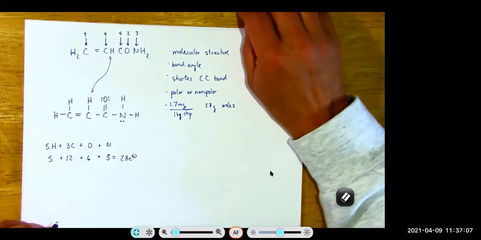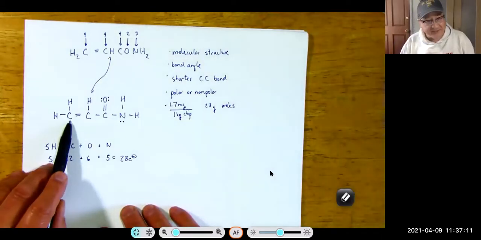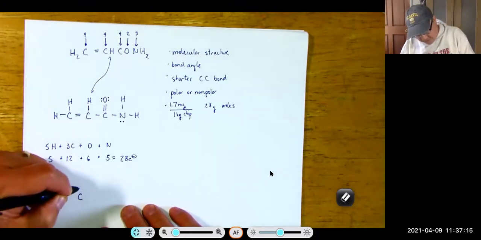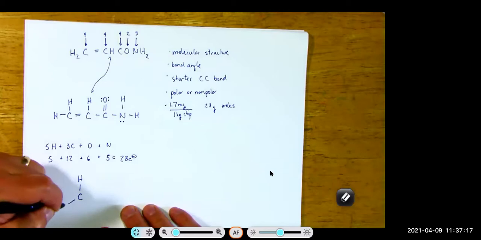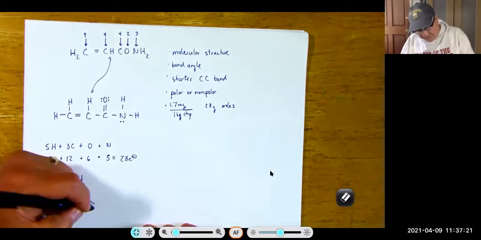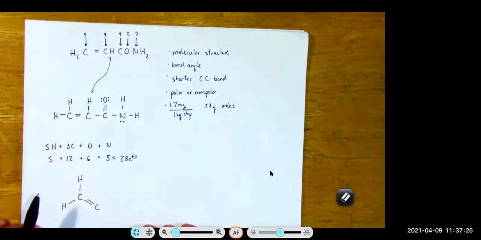Okay, let's draw the molecular structure. What are you going to draw this carbon as, since it has 3 pairs? Isn't it going to be a propeller? Right. So does that look like a propeller? How about this one? What's it going to be like? The same.